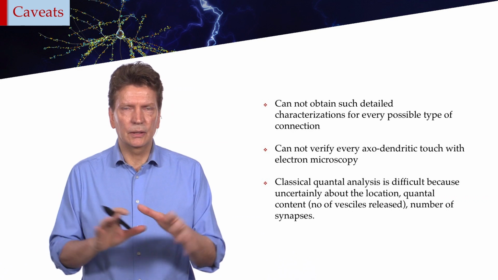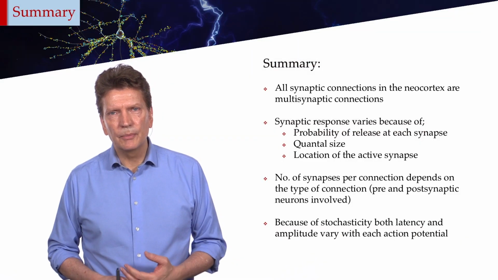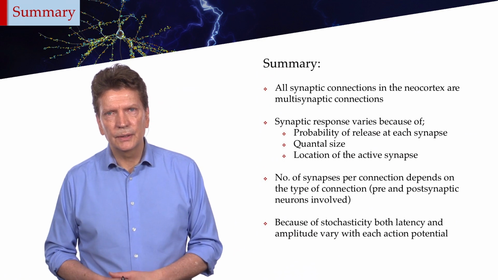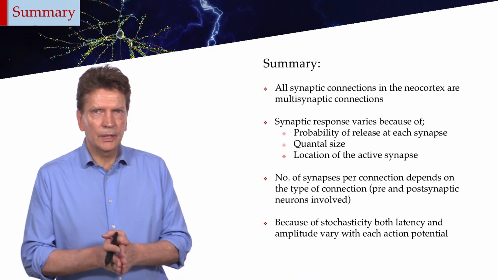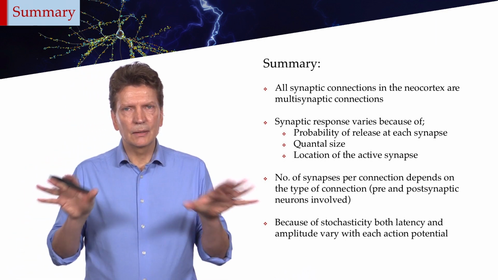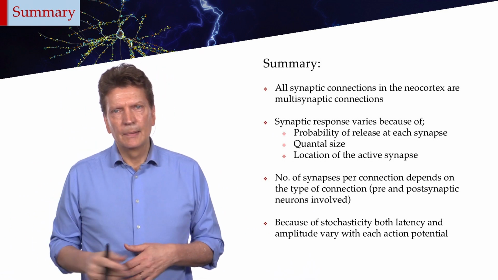There are statistical approaches around it. And to summarize what we learned in this lecture, the most important thing to remember is that all synaptic connections in the neocortex are multi-synapse connections. They're hand connections. They're not finger connections.